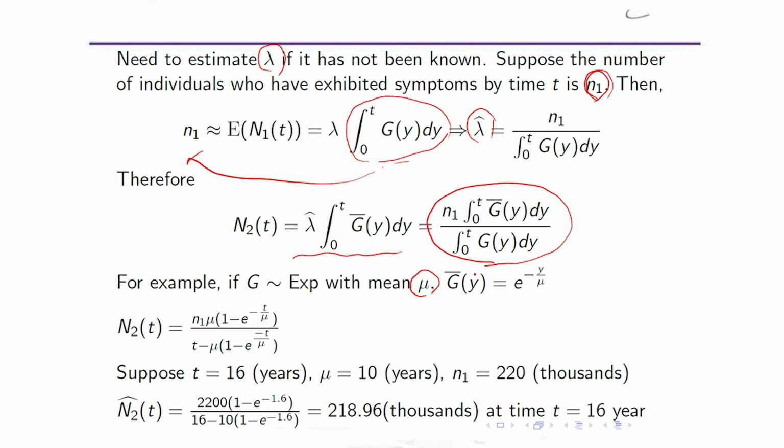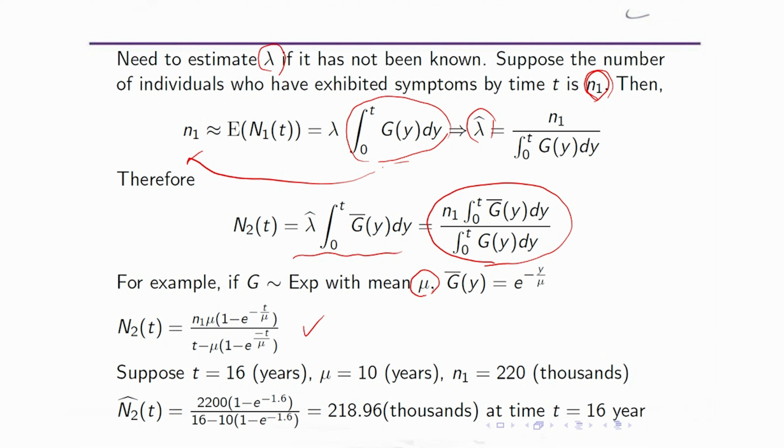So we can now calculate N2(T): the denominator is the integral from 0 to T of G(y) dy, where G(y) is 1 minus e to the minus y over mu, and the numerator will be N1 times the integral from 0 to T of e to the minus y over mu dy, and that will be the result.